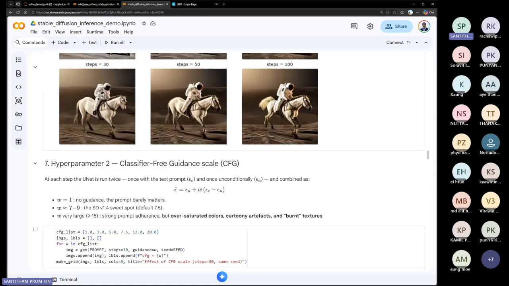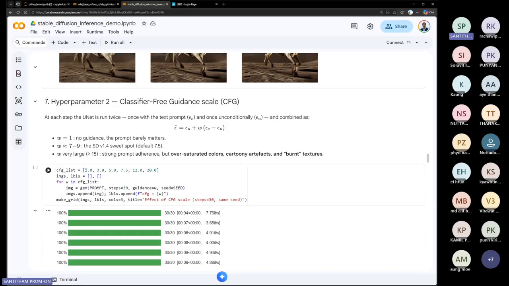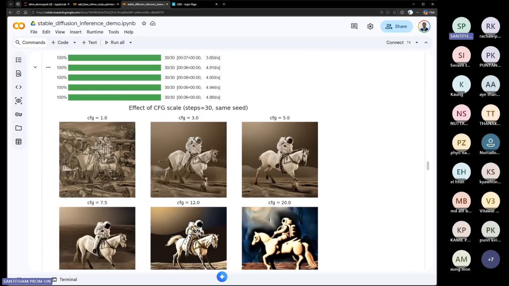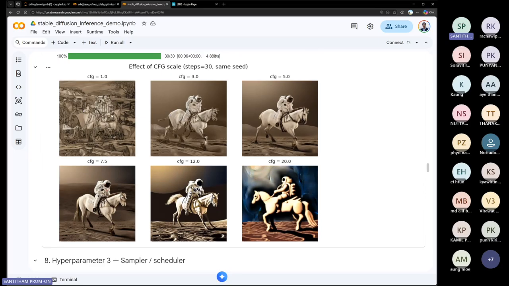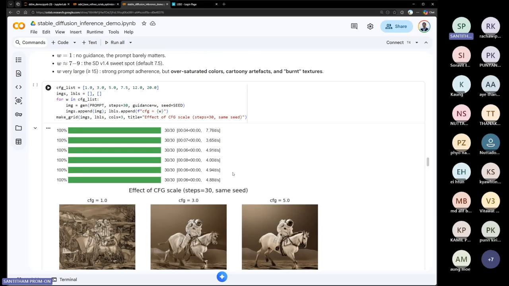This is an example of the w value, the classifier-free guidance scale, right? Starting from 1 to 20 here. From 1, a small value means to ignore the prompt.